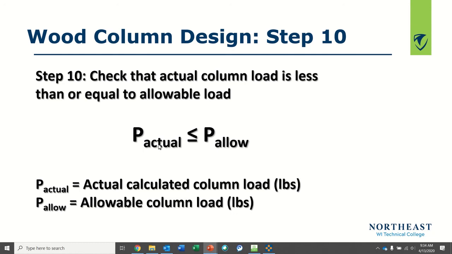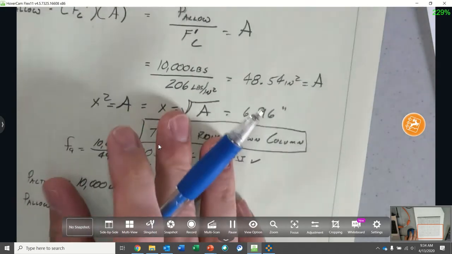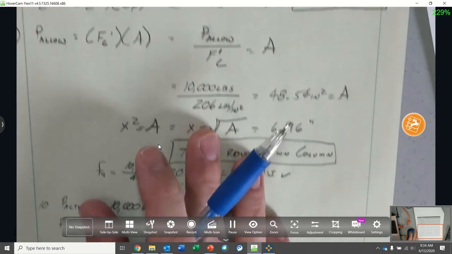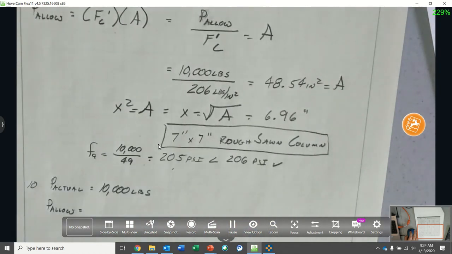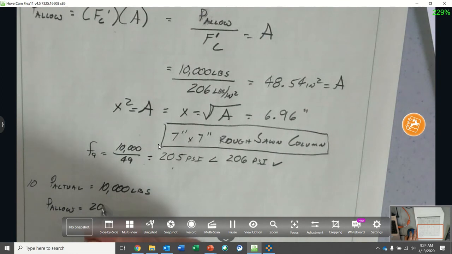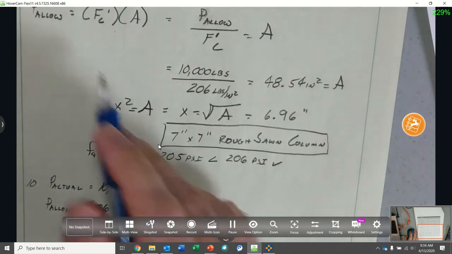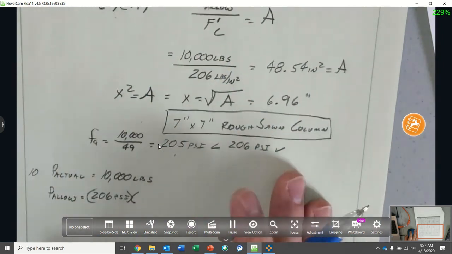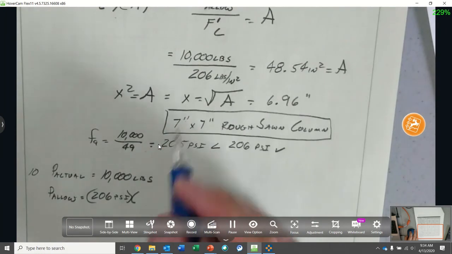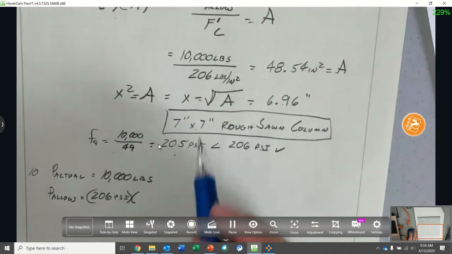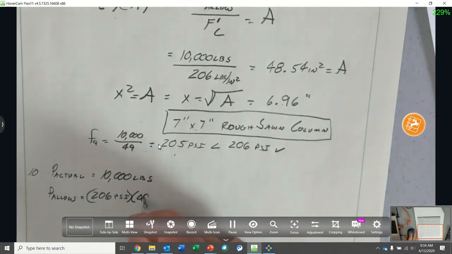P allow: if I go back up to this equation, P allow is 206 psi times, I did it backwards, my area of my column, 49 square inches.